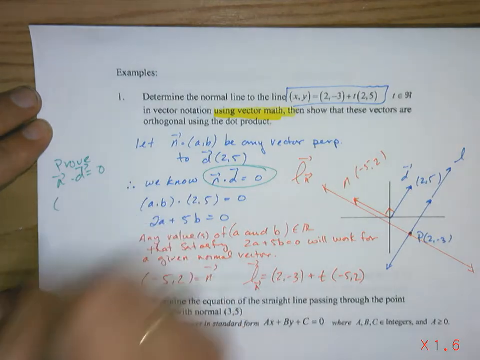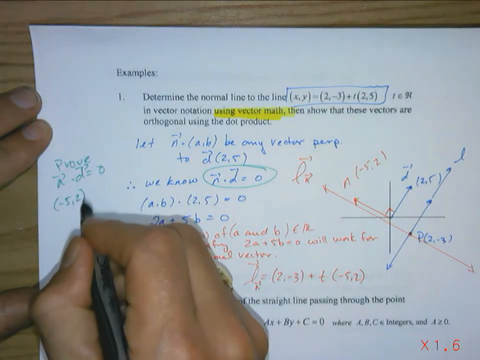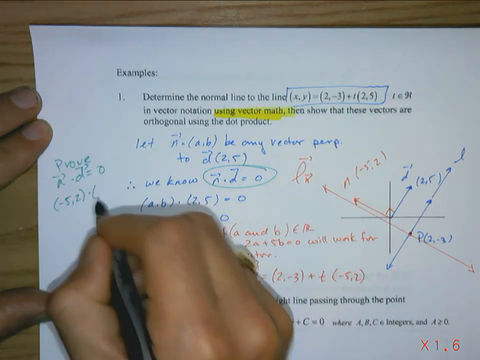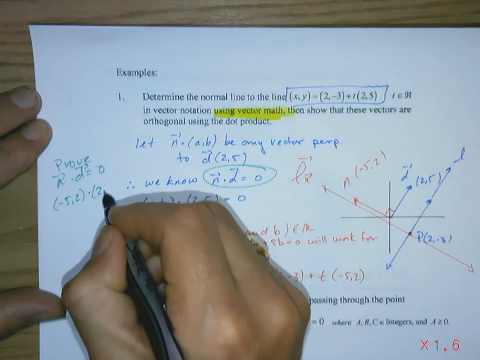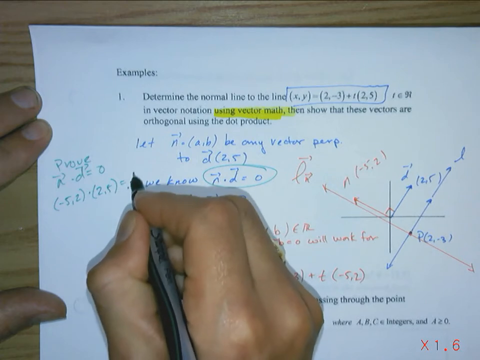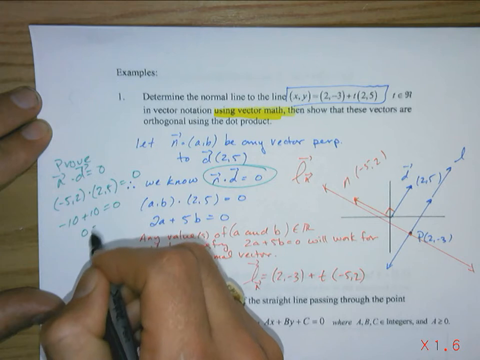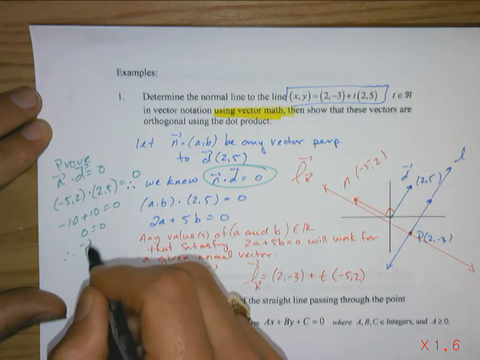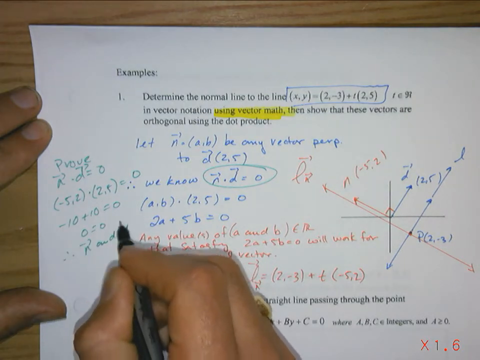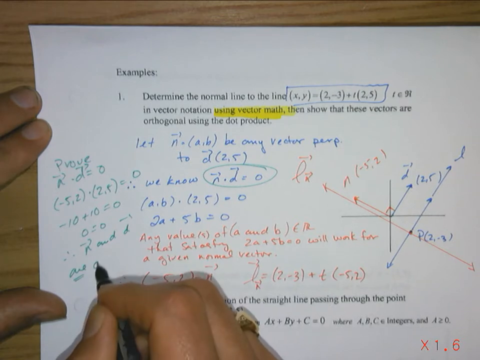My n value that I used was (-5, 2). My direction vector that I had was (2, 5). And I'm going to do -10 plus 10 equals 0. 0 equals 0. Therefore, n and d are orthogonal.